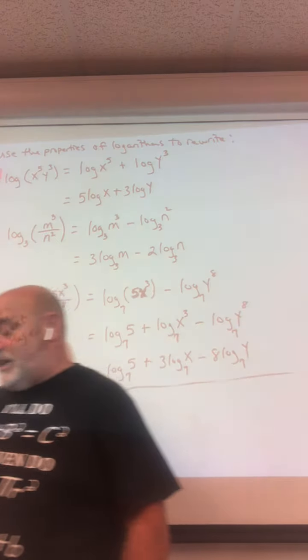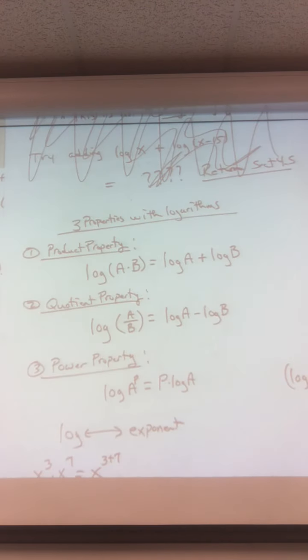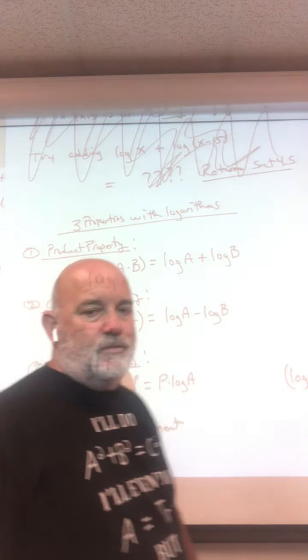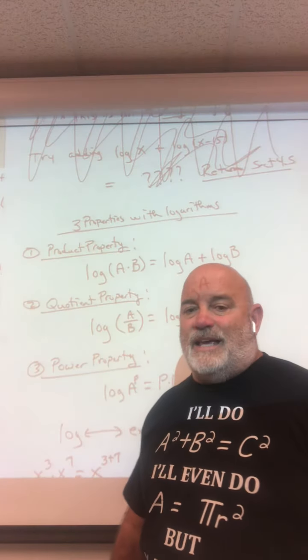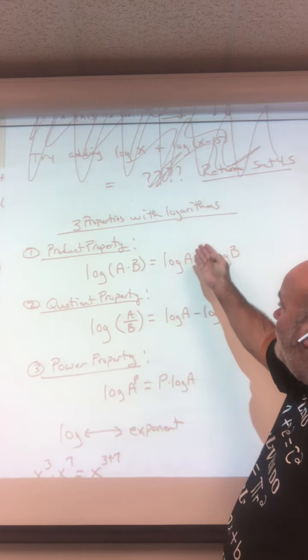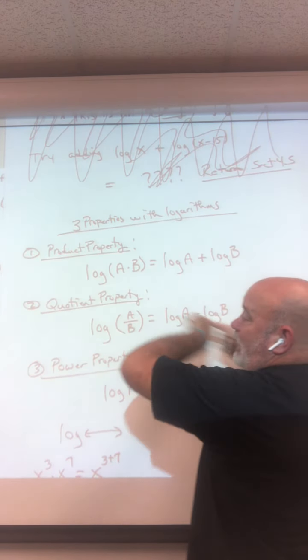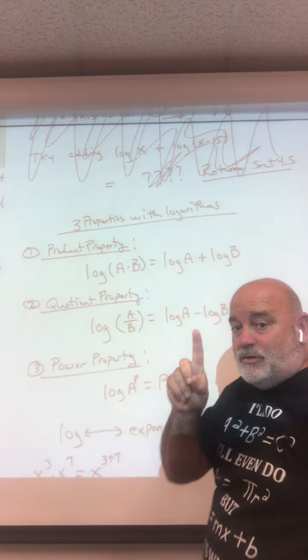Write these instructions down. Use the properties of logarithms to write as a single log. So what I'm going to do is I'm going to give you the logarithms where they're already separated out, and we're going to go backwards and put it back together as one log.